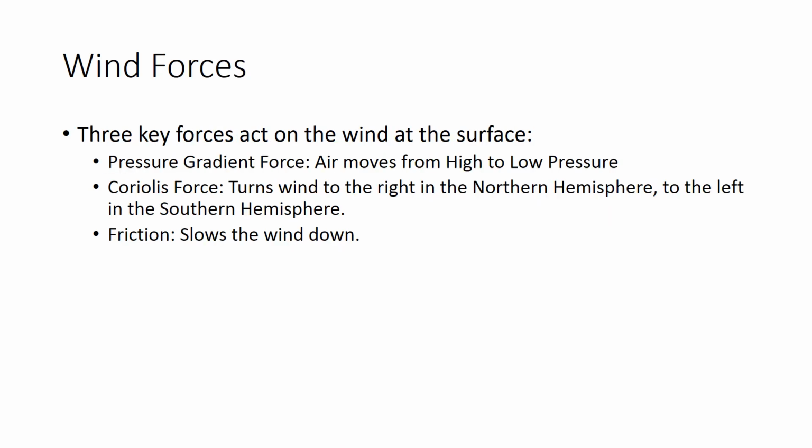Now, with that said, when talking about winds on the surface of the Earth, and in the next activity we'll talk about upper level winds, but near the surface of the Earth, there are 3 key forces that act on the wind. And the 3 forces are called the pressure gradient force, and that's caused by differences in pressure.